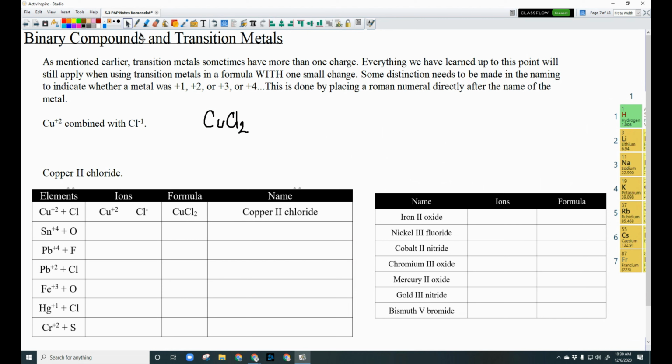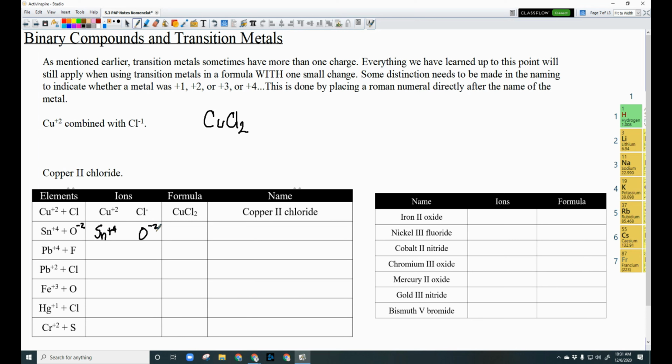So we're going to use a -2 here. This is just telling us the elements. See how it tells you the charge of all of these, but not these, because this is a set charge and these charges vary. So the ions are going to be Sn +4 and then O -2.